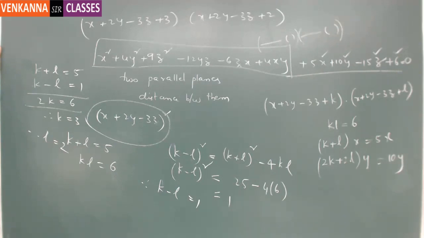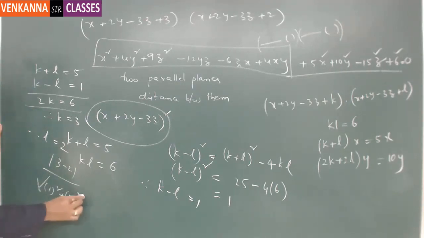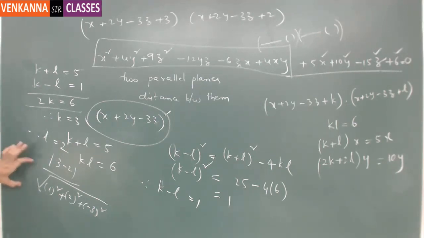If we calculate the distance between them, it is simply modulus of 3 minus 2 divided by square root of 1 whole square plus 2 whole square plus minus 3 whole square. As you have a formula, modulus of d1 minus d2 divided by square root of a square plus b square plus c square, which gives the distance between two parallel planes. So this is one method of doing it. Okay.